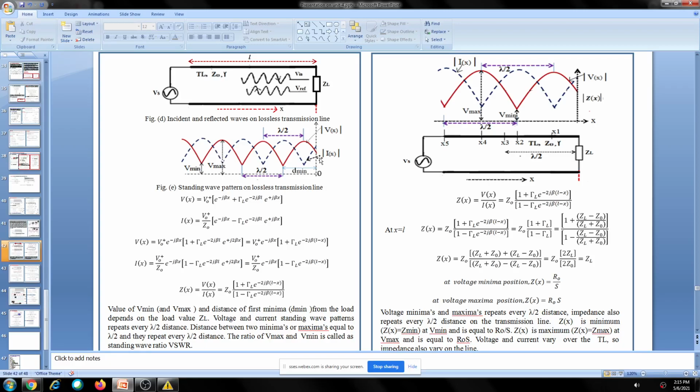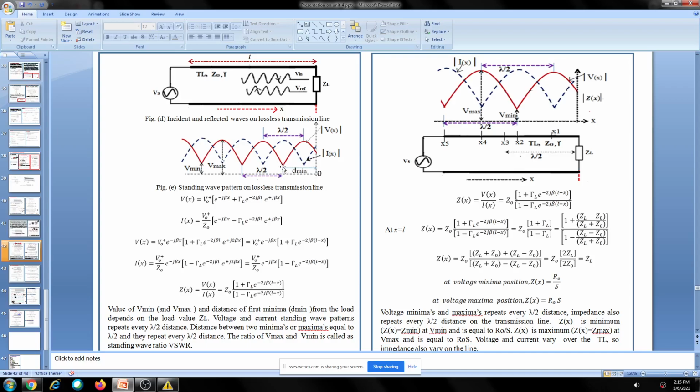You may not have a minimum or maximum at the load position; some voltage is there, but it is neither. Starting from the load, some voltage is there, based on the load. If you move like this, at this position a maximum will be there, and if you move further, a minimum comes here. We observe the minimum voltage not at the load position, but somewhere else.